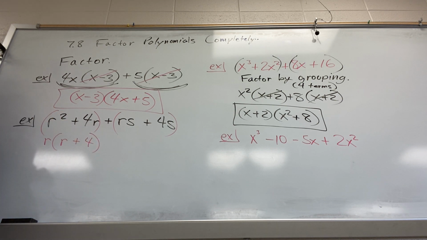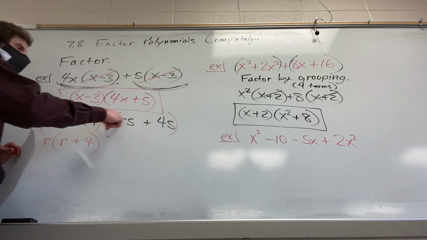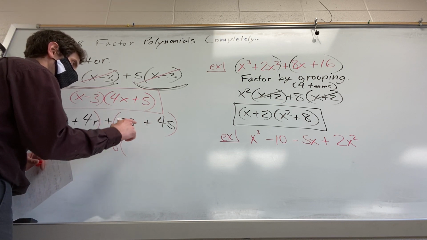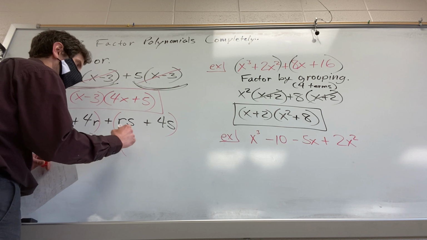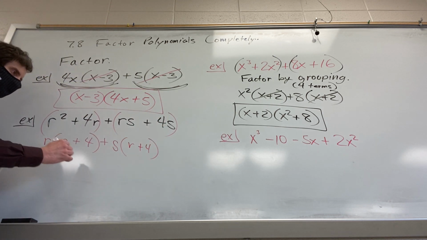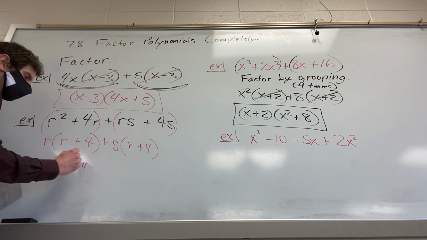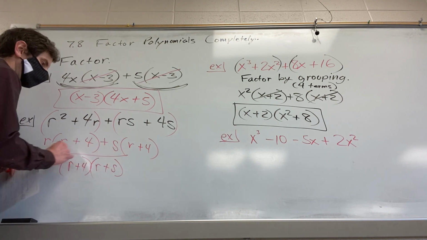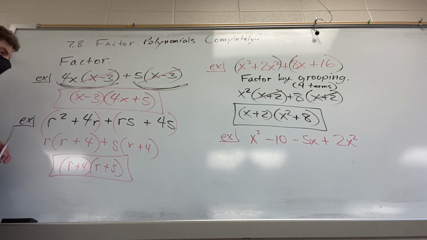What comes out here? S comes out. Both have an S, leaving behind R plus 4. And then factor out the common binomial, right? R plus 4, R plus S.